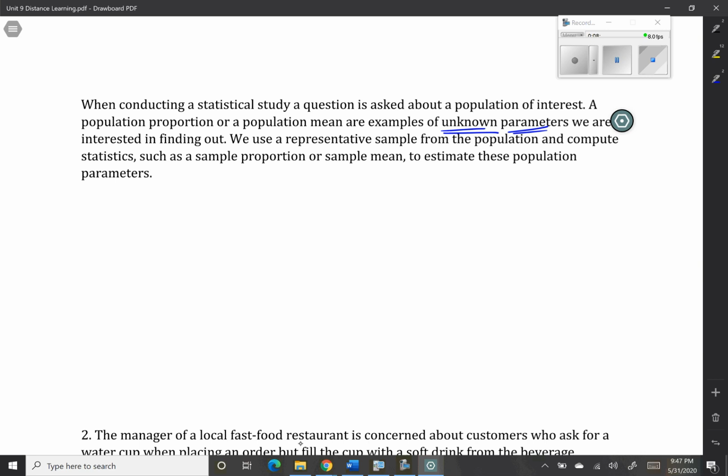So because of that, we take what's called a sample, or a smaller portion of the population. And we call that sample a representative sample to make sure that it represents the population. So we're pulling from all the different things that are true about that population, right?